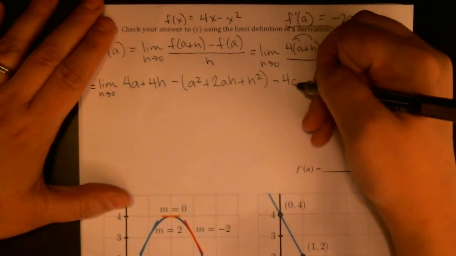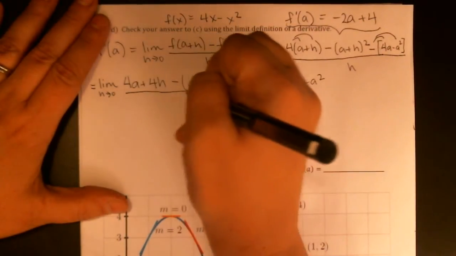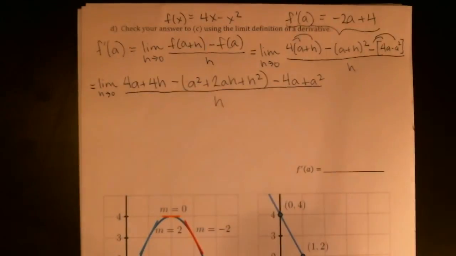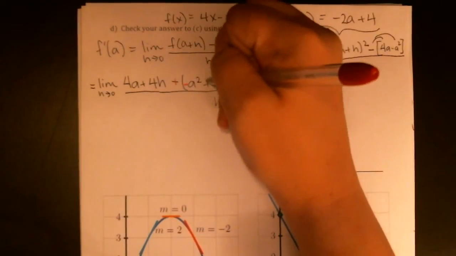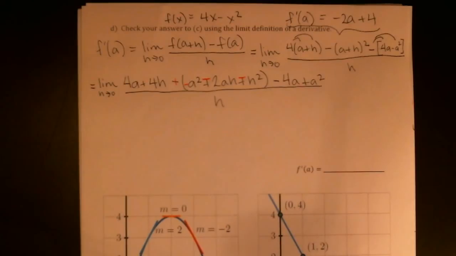So it will become a minus 4a plus a squared all over h. And then we can distribute that minus sign through, or if you're comfortable, we can just look at this and say, okay, well, then this is going to become a minus a minus 2, a minus h squared, which means some nice things are going to happen.